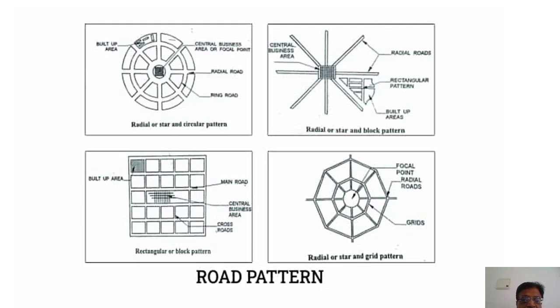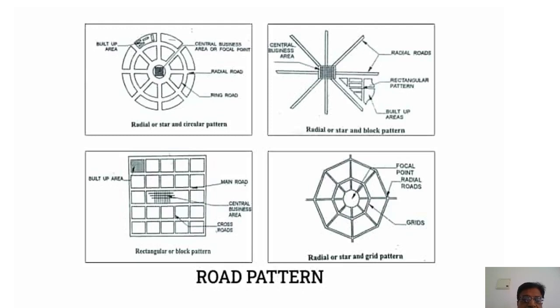Here, surrounding these central business districts, you can see the construction of your road. This is called radial road. The entire roads are built in the form of a ring, so you can see these roads are called a ring road.